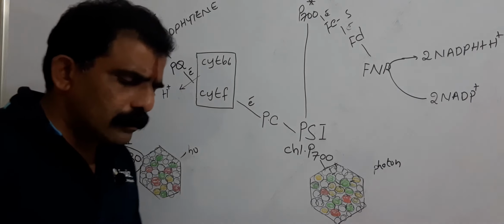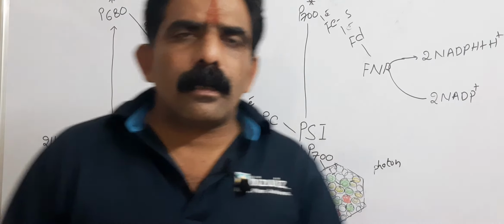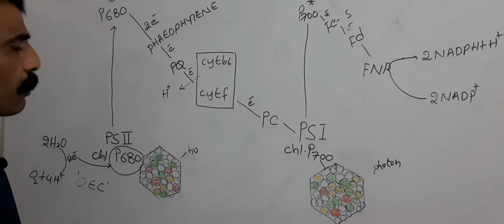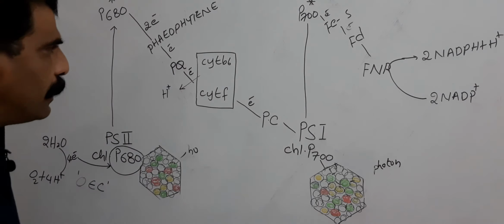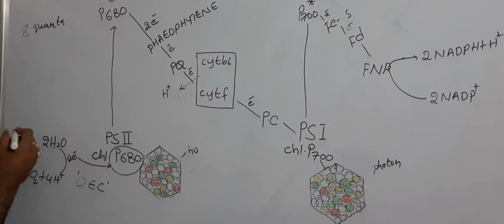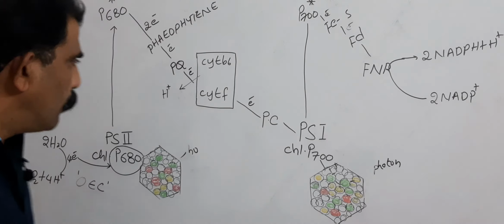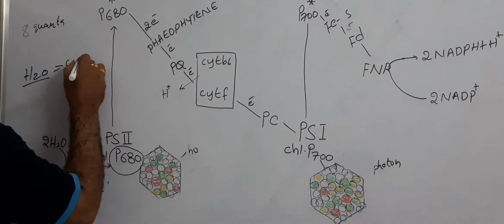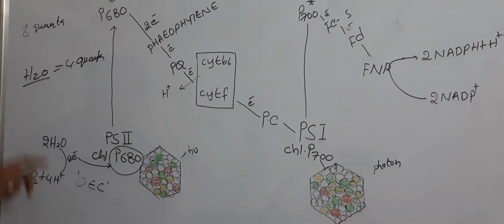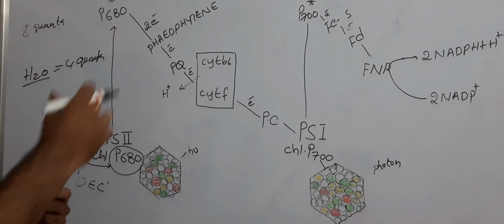Okay, here how many quanta of light are required for the occurrence of this Z scheme? We need 8 quanta, because for the photolysis of one water molecule we need 4 quanta, because for the photolysis of one water molecule 2 pairs of electrons should get ejected.